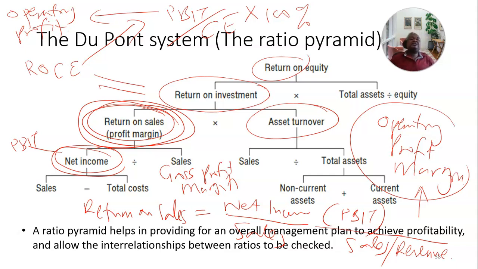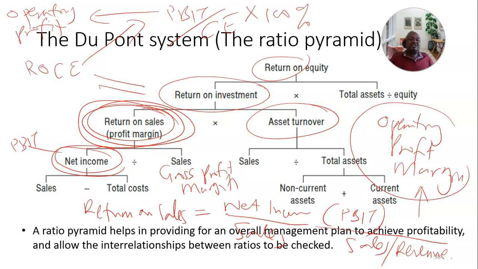Because we need to understand how much we are able to pay or to settle. How much are we making so that we'll be in a position to settle whatever expenses we are about to settle as a business?